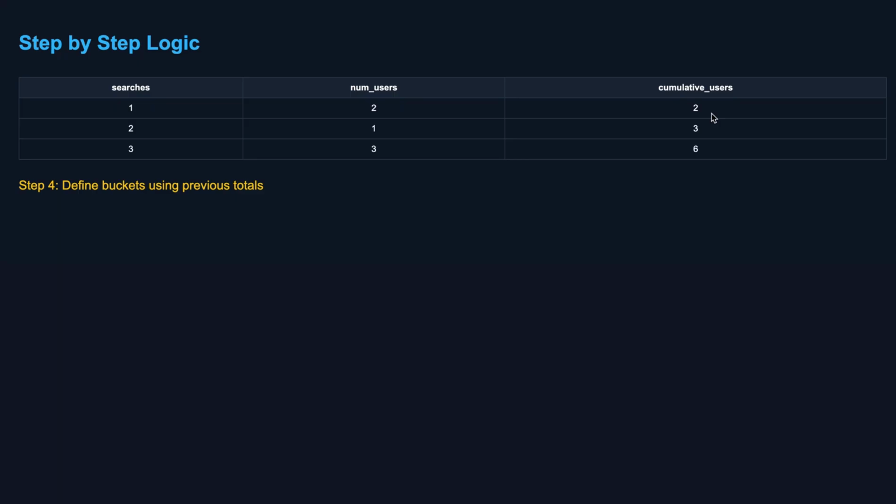So for searches equal to 1, we have the range from 0 to 2 because that is the first row. For searches equal to 2, we have the range starting from 2, which is the total from the last row till the total of this row, that is 3, right? Then for searches equal to 3, in a similar fashion, we have a range from 3 to 6, right?